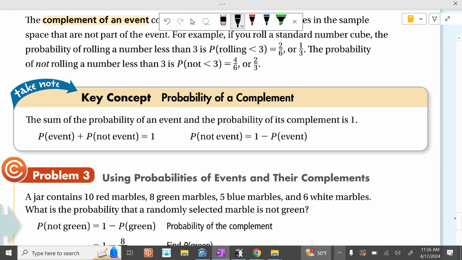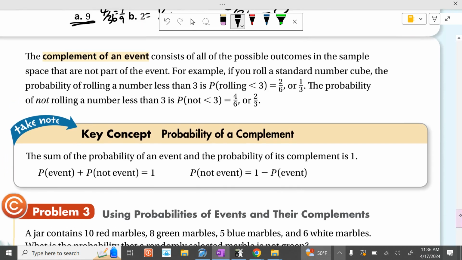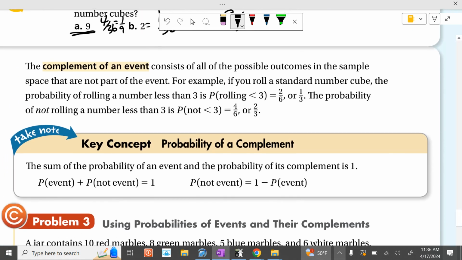All right. The complement of an event is the probability of the event not happening. So let's say we have a 36% chance of rain today. So what's the percent chance of no rain? A 64% chance.